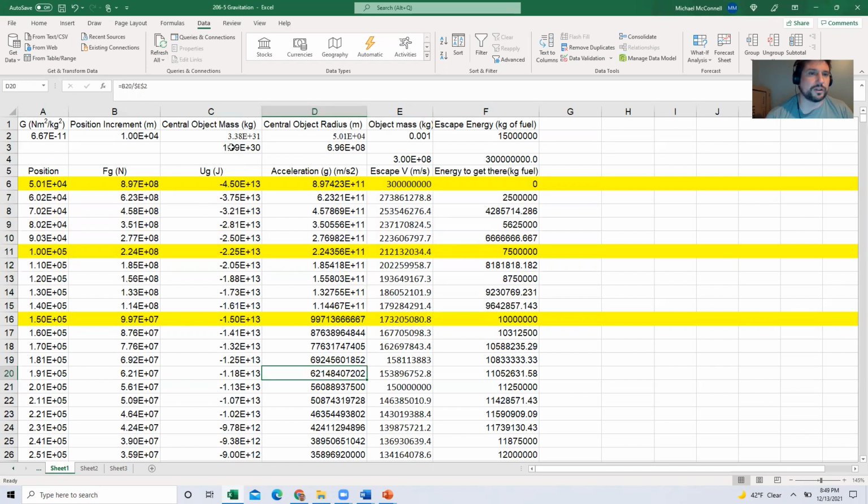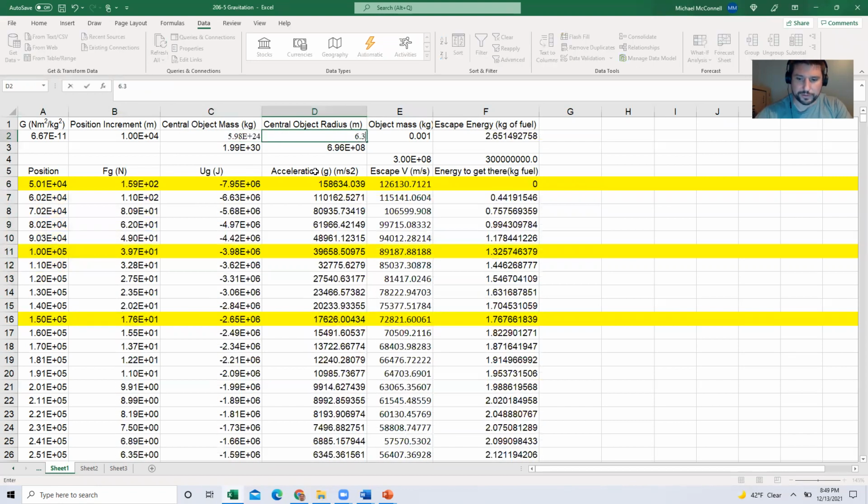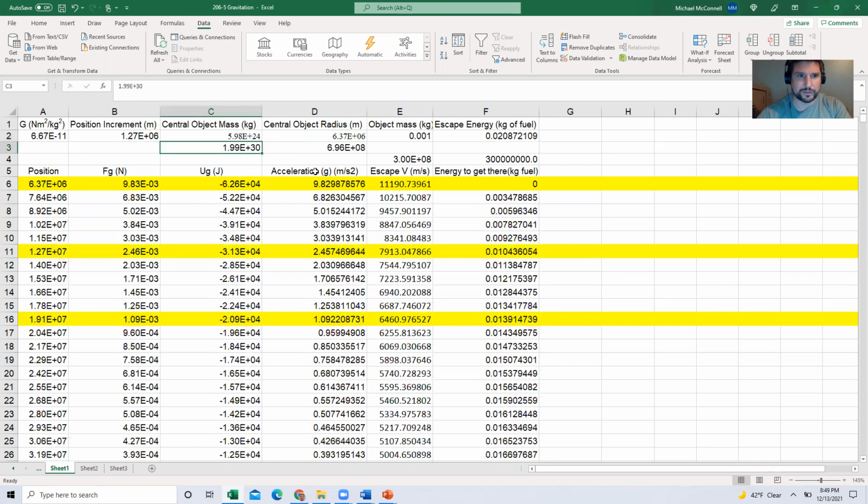So you can see, let's just go back and look at the basics of the Earth. 5.98 E24 is the mass of the Earth, 6.37 E6 is the radius of the Earth, and you'll see 9.8 times 10 to the minus 3 is the force of gravity on a 0.001 kilogram mass.